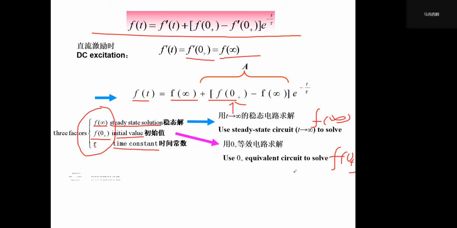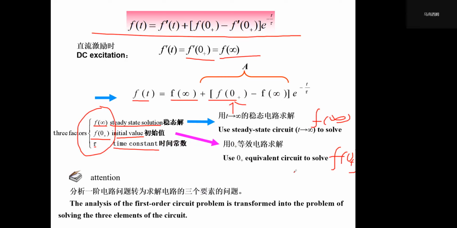And tau is very easy. You only have to distinguish whether it's an RC circuit or an RL circuit. So we can transform this first order circuit problem into a problem of solving the three factors of the circuit. So we have another way to solve it.